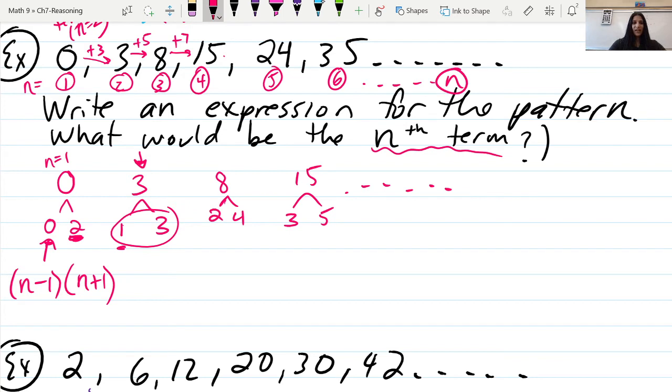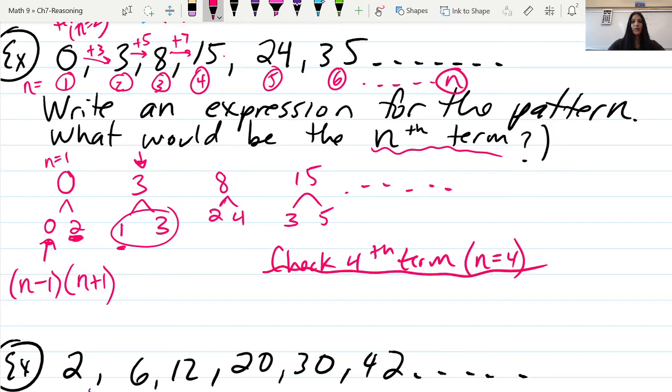So I want to double check. 15 was my fourth term. So let's check our fourth term, or in brackets I'm going to say n equals 4. So let's check that right here.